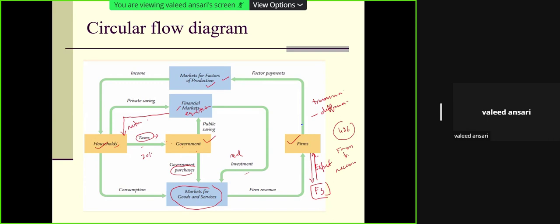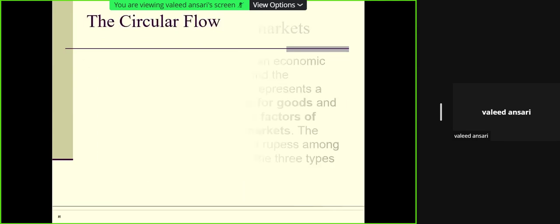Because of this, the economy is interlinked, and this is a very simplistic picture of the economy to visualize that. You can also say that this is the anatomy of the economy. What are these? Now, if we bring all these things into a very simple diagram, this is explained there.